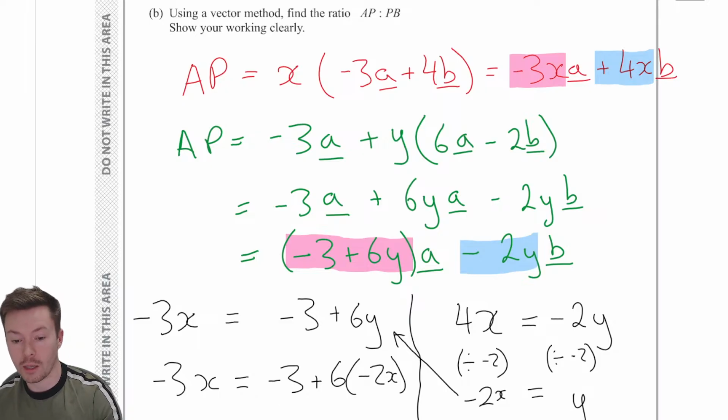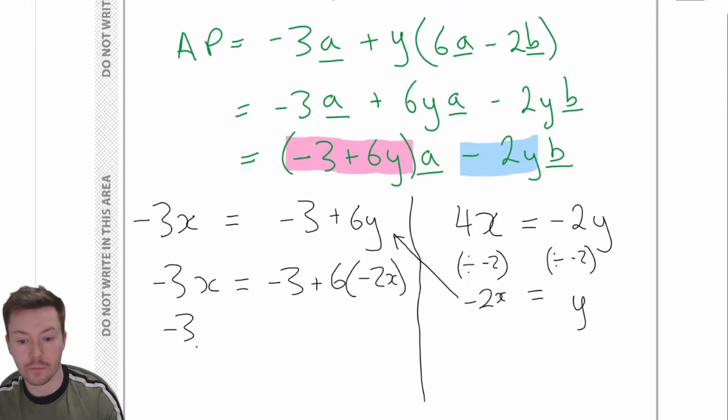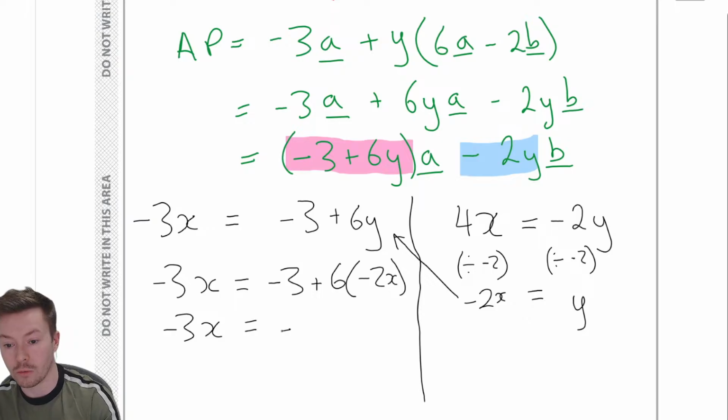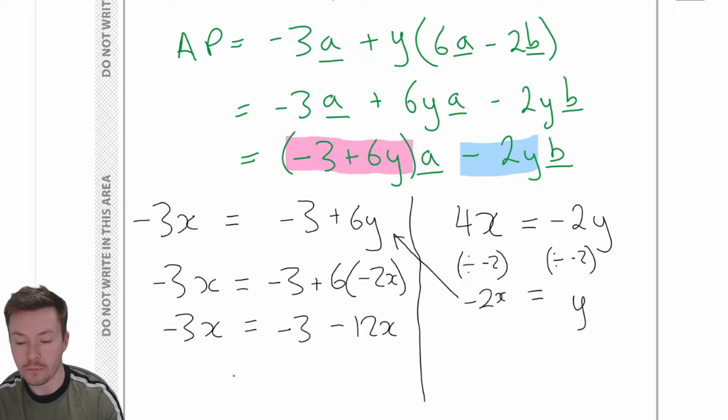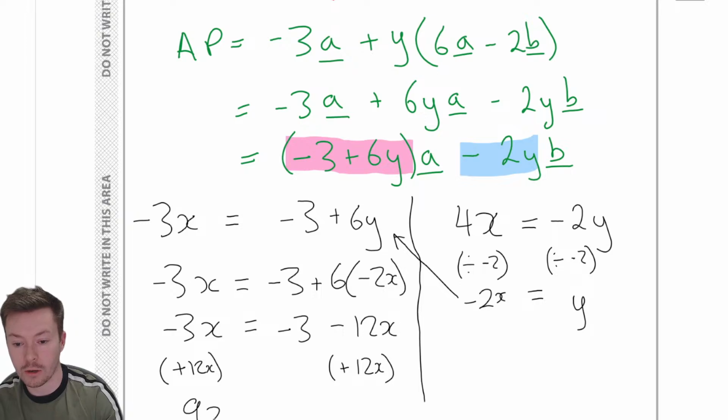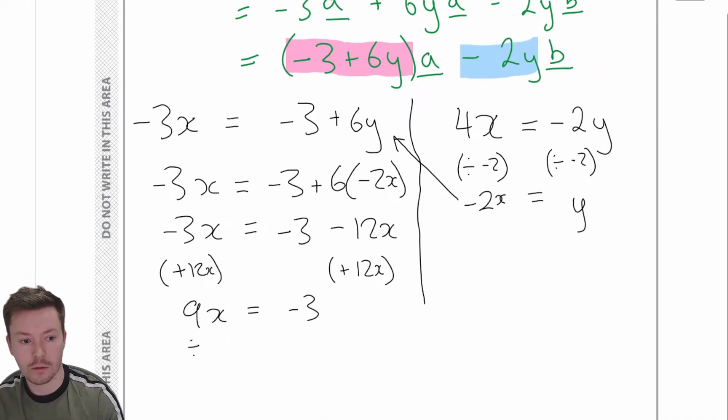And so what we're going to get here is minus 3x is equal to minus 3 minus 12x. I'm then going to add the 12x to both sides. That's going to give me 9x is equal to minus 3. And then divide by 9.